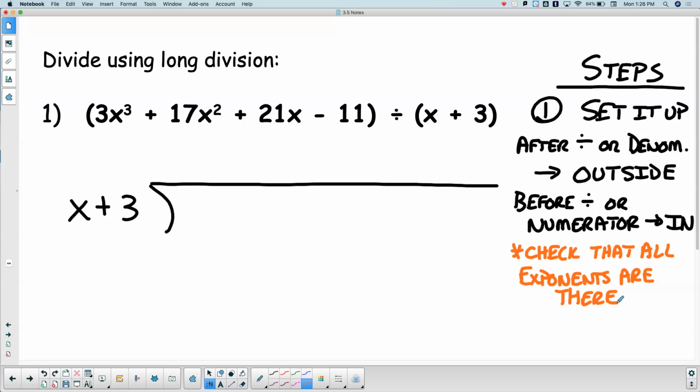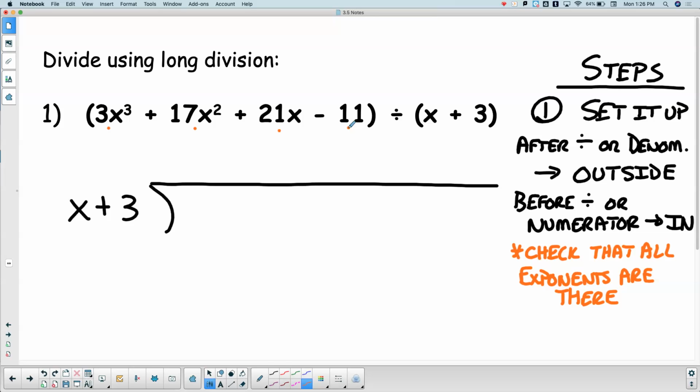So, my fault. Okay. So, what I mean by that is we've got a degree term, right? The term with the biggest exponent is the degree. So the degree of this polynomial is 3. So I need to have an exponent of 3, of 2, of 1, and of 0 in there. Okay? So I've got my exponent of 3, 2, 1, and 0.